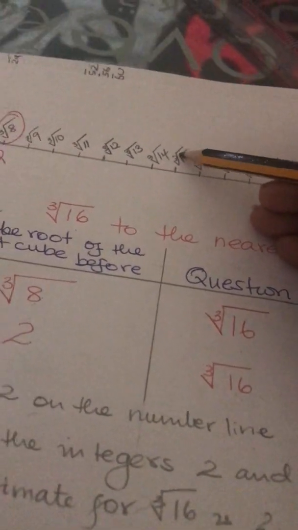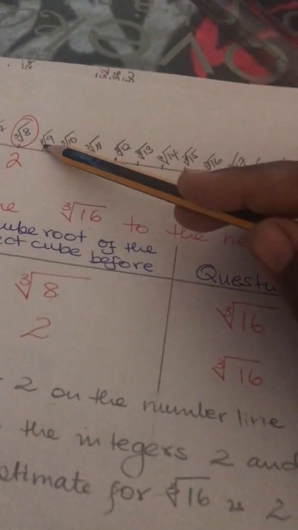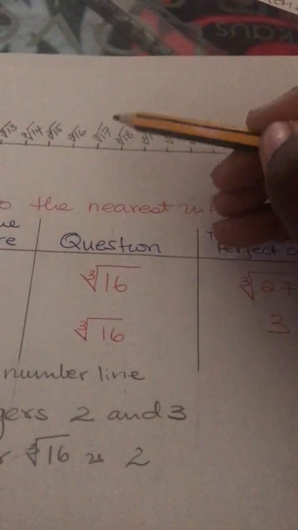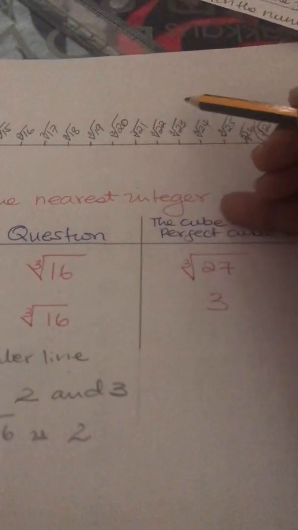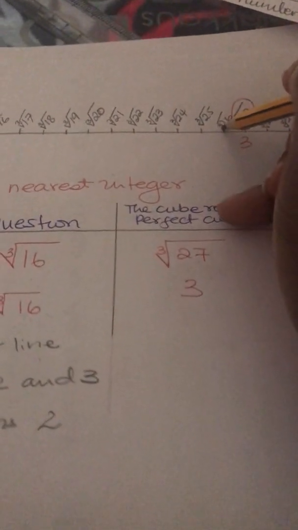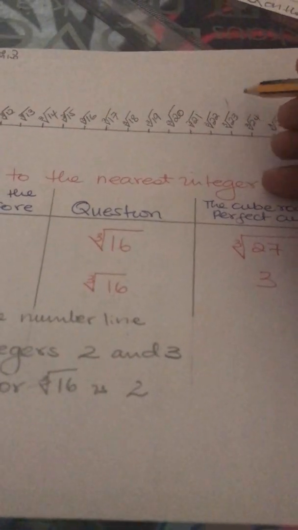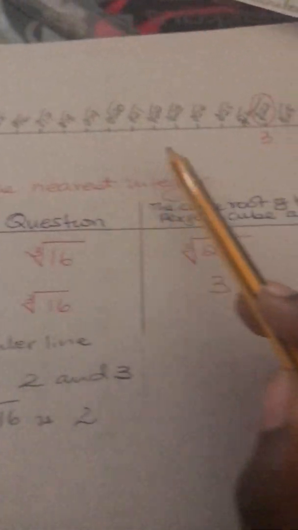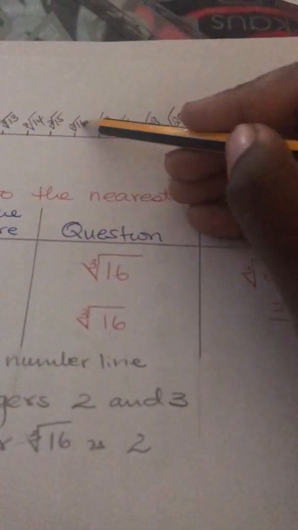How do I know? I look over here. 1, 2, 3, 4, 5, 6, 7 spaces. 1, 2, 3, 4, 5, 6, 7, 8, 9, 10 spaces. So here is 11 spaces. From 16 to 27 is 11 spaces. See?